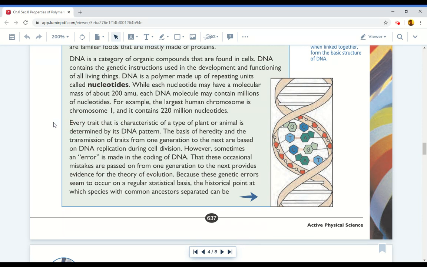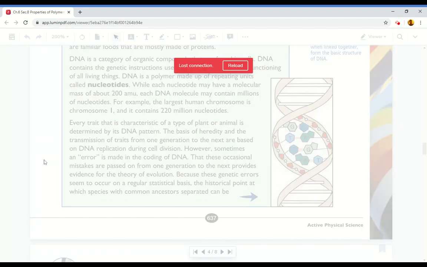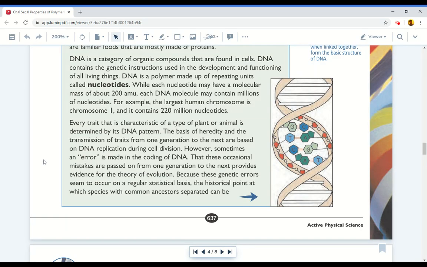Every trait that is characteristic of a type of plant or animal is determined by its DNA pattern. The basis of heredity and the transmission of traits from one generation to the next are based on DNA replication during cell division. However, sometimes an error is made in the coding of DNA.